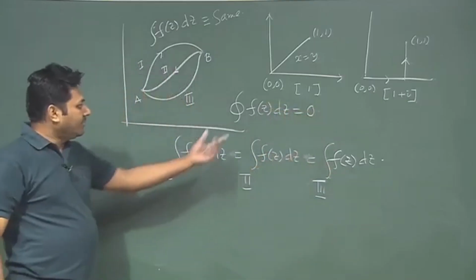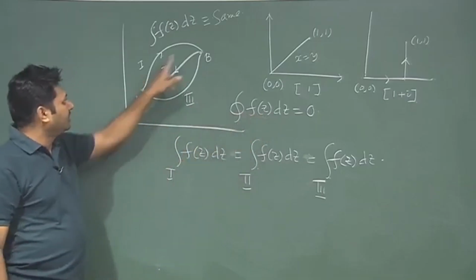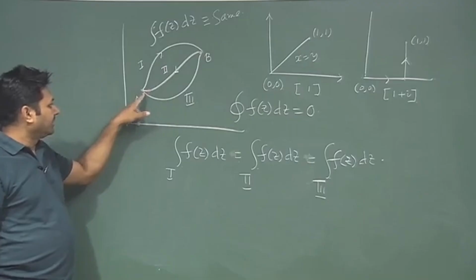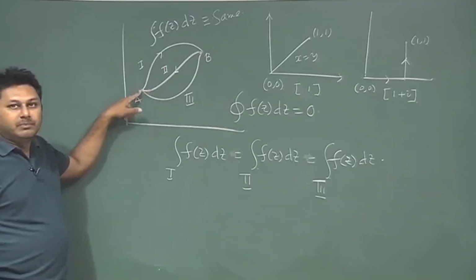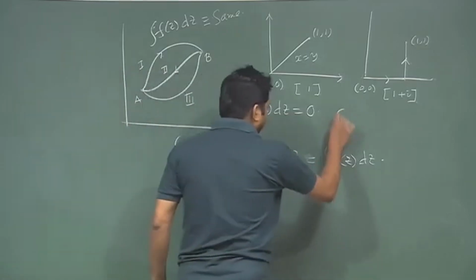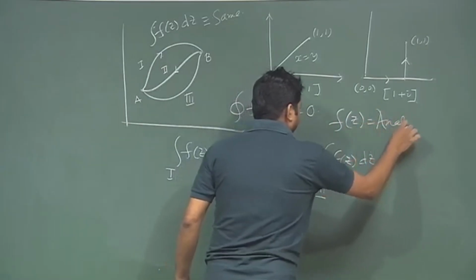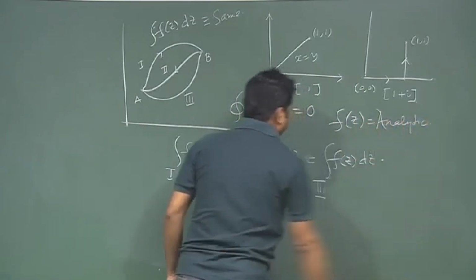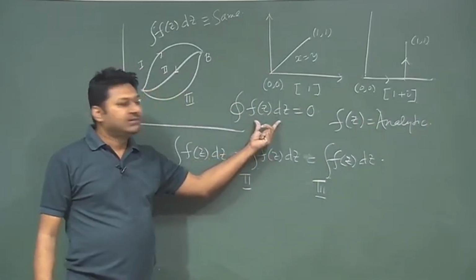That is a very important outcome, because I am going from this to this and from here to here. Since it is path independent, if my initial and final point are the same for an analytic function, obviously here f(z) is analytic, I will always have this relationship, which is a very important relationship.